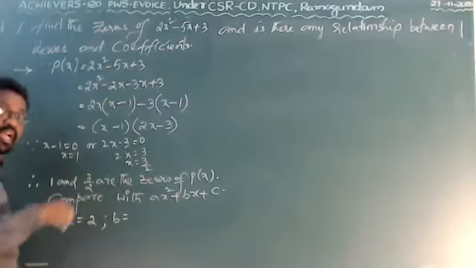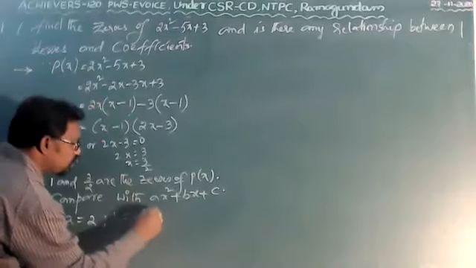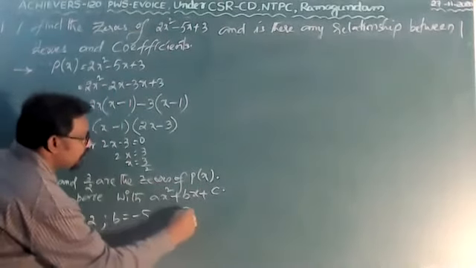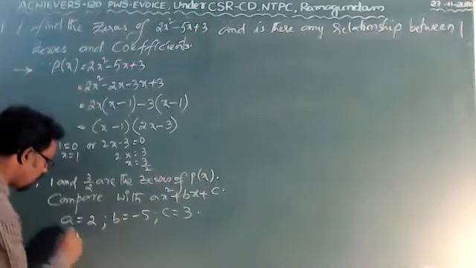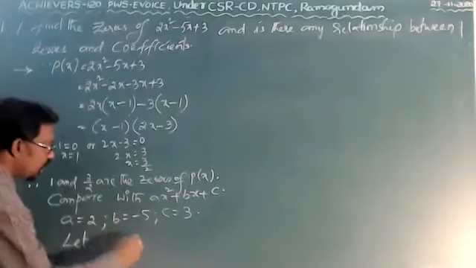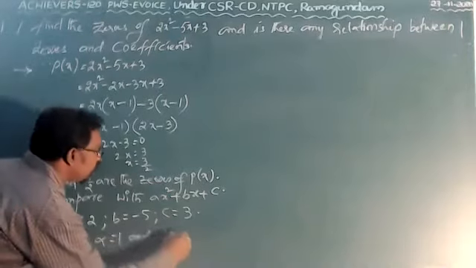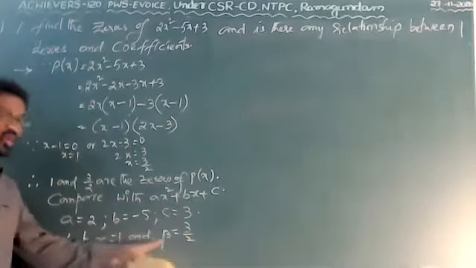Minus is there, that's what I took here, minus. What is b? Minus 5. What is c? 3. Now we got a, b, c. Now let alpha be equal to 1 and beta be equal to the other one, 3 by 2.